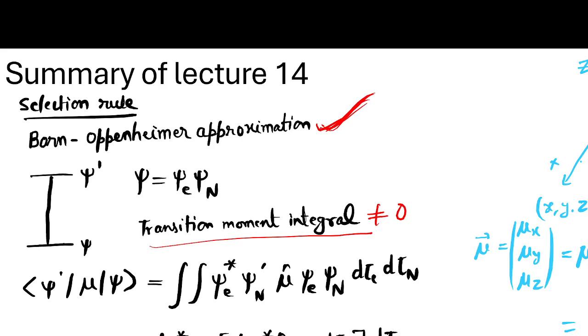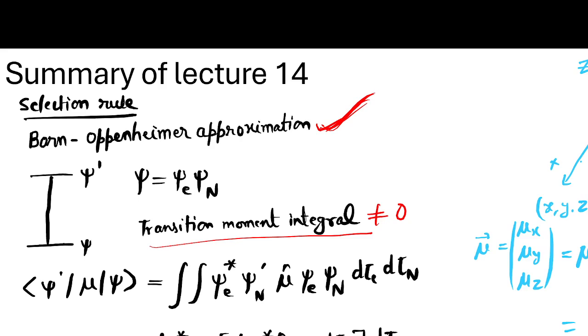So if we see the transition moment integral, it depends on two things. First is this dipole moment. In the previous slide we saw that the molecule having permanent dipole moment will give rotational spectra. So from here we can understand why only a molecule having permanent dipole moment will give it.